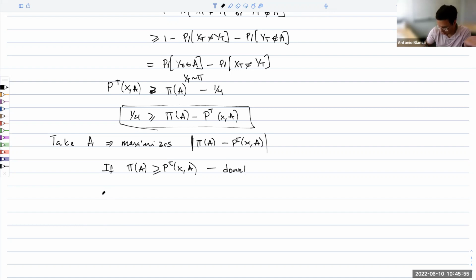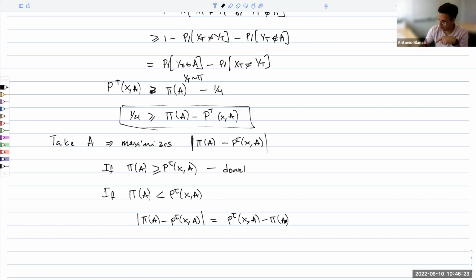And so let's say with equality here, and if you have the opposite, all you have to do is look at the complement of the set A. Of course, we don't know directly that this is less than 1/4, but by complementing both sides, it's going to be equal to pi of A complement minus Pt of x of A complement. This bound holds for any set, so it also holds for the complement.